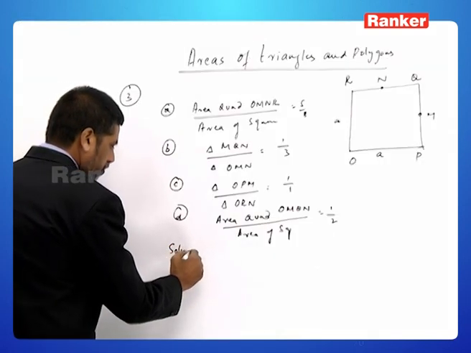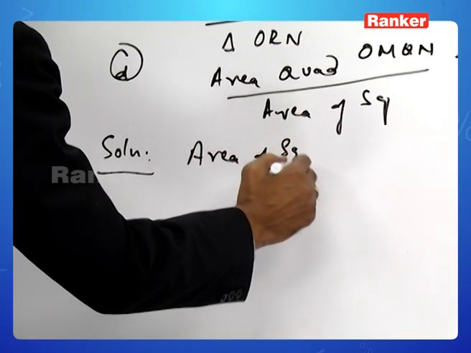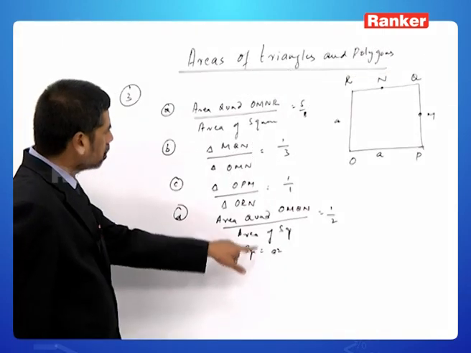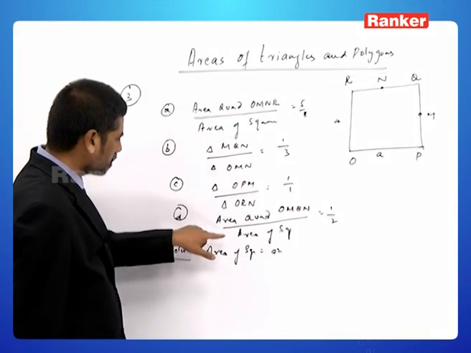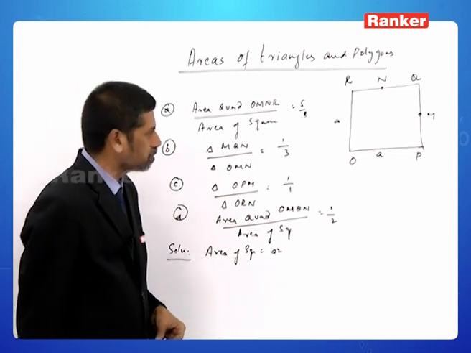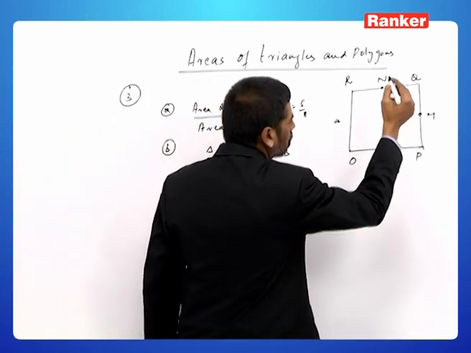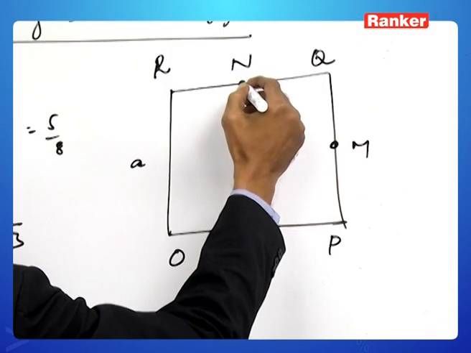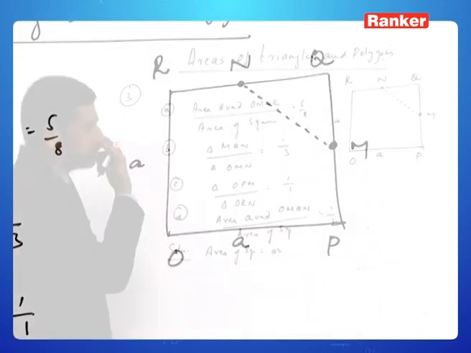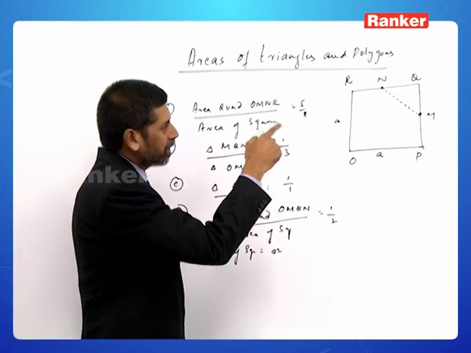So when you look at the area of the square, it will be A squared. Now this will be useful in the first and the last bits, because area of square is visible in these two questions. Okay, now if you take that line, then you can easily compute the area of triangle MQN.